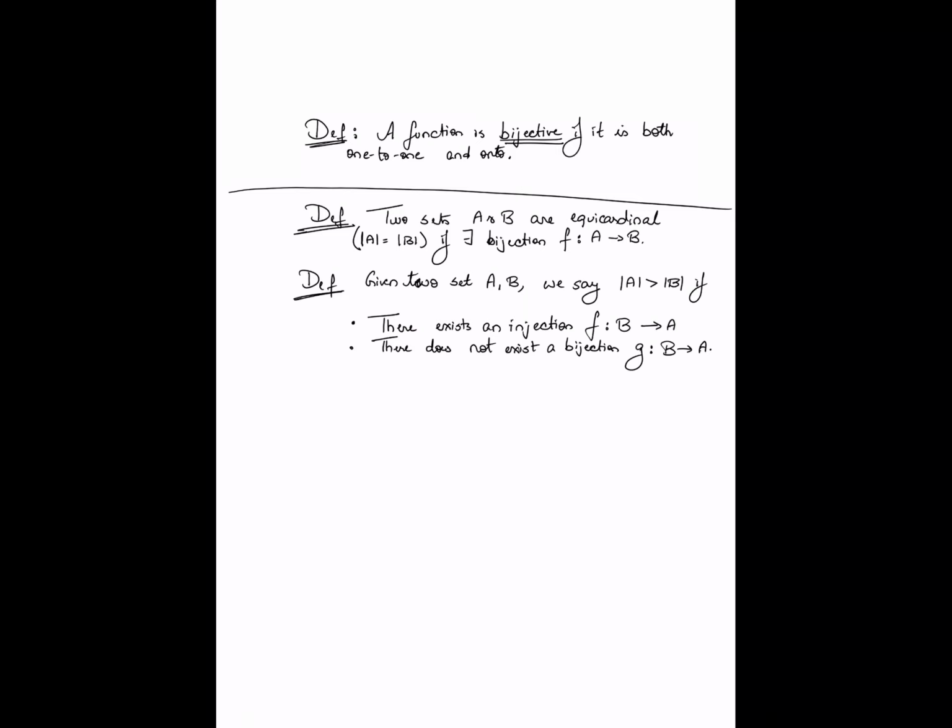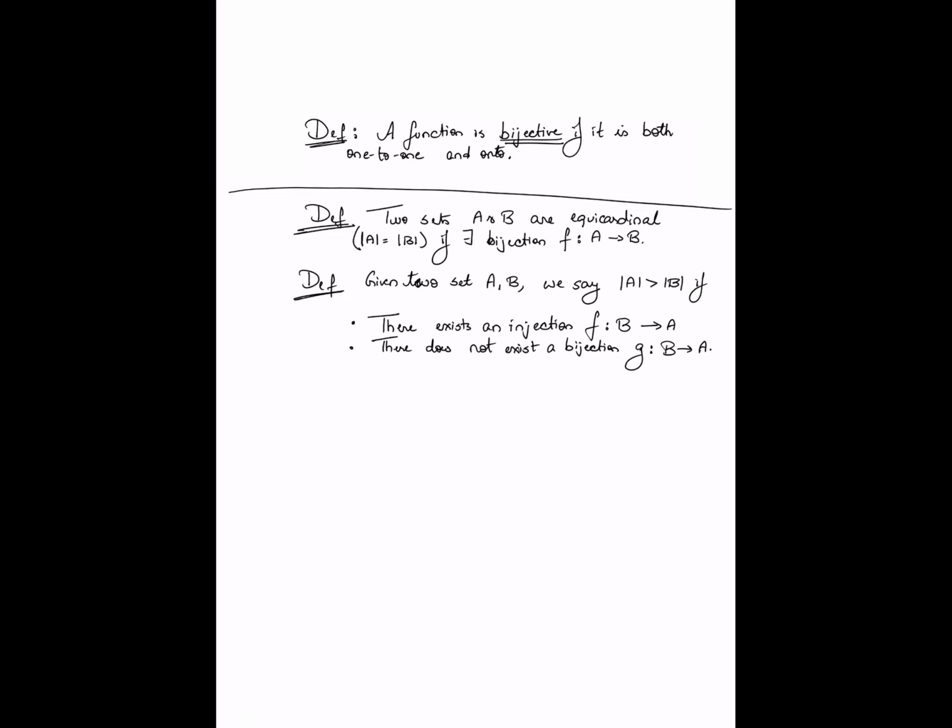Right? So in other words, it is possible to define a one-to-one function going from B to A, but it is not possible to define a function that is both one-to-one and onto, mapping B to A. Okay, again, I would like you to pause at this point and convince yourself that this is perfectly consistent with our notion of set cardinality comparison when it comes to finite sets.